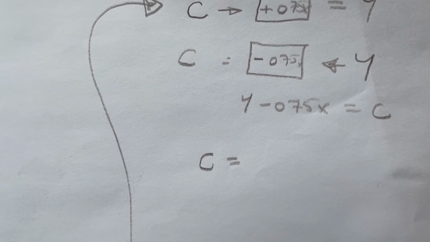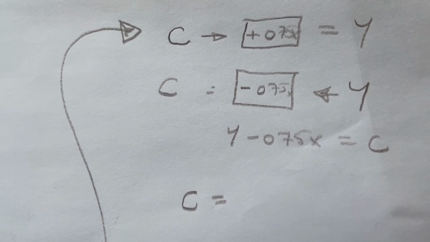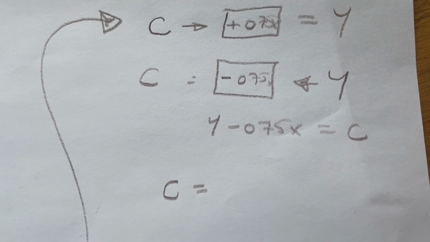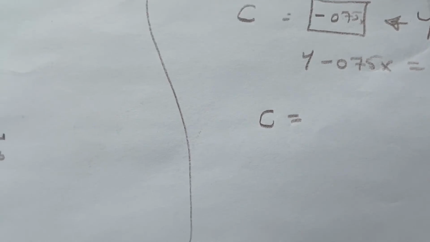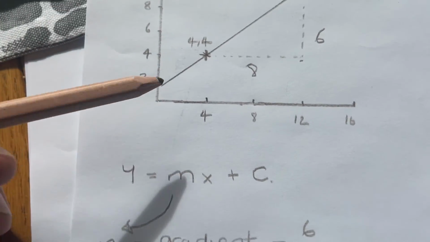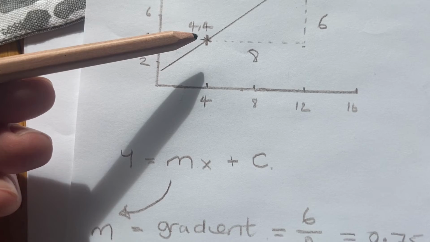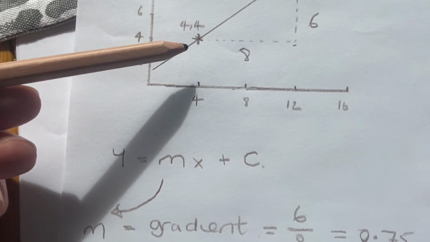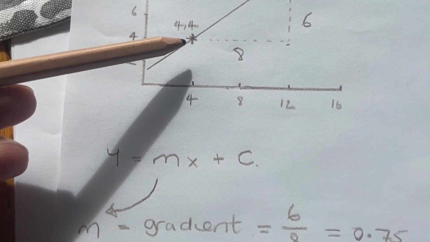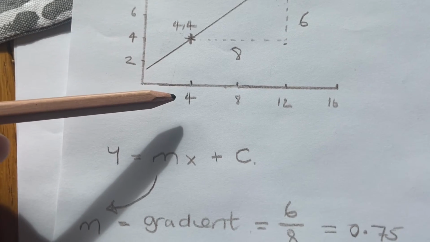At the start of this, we now need to pick out our y value and our x value. So to get c, we are going to use the first straight line reference point, where y is equal to 4 and x is equal to 4.